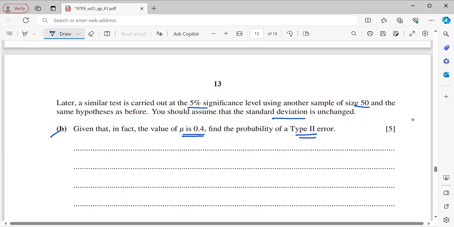Okay, so now the probability of type 2 error equals the probability of do not reject H naught given that H0 is false.